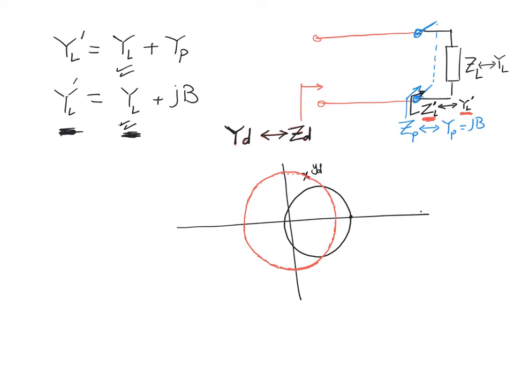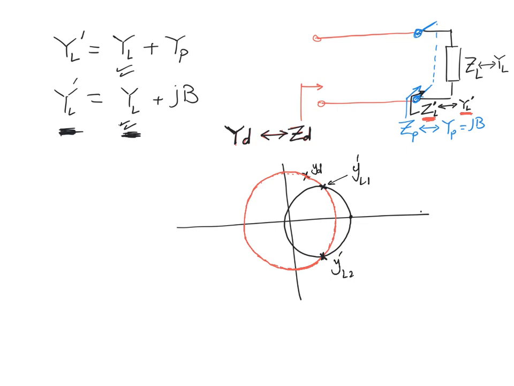So now I can get two points out of this circle, and both of these are possible values for the normalized version of that YL dash. We call them YL dash 1 and YL dash 2.